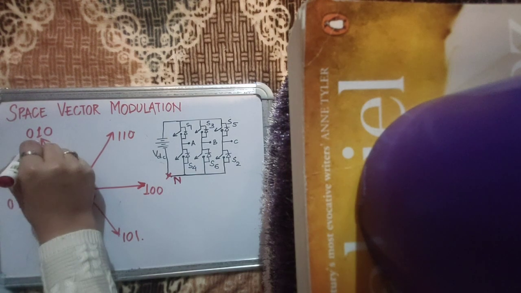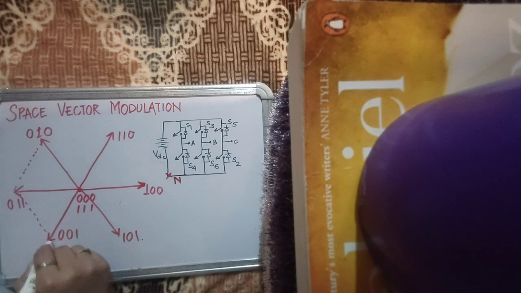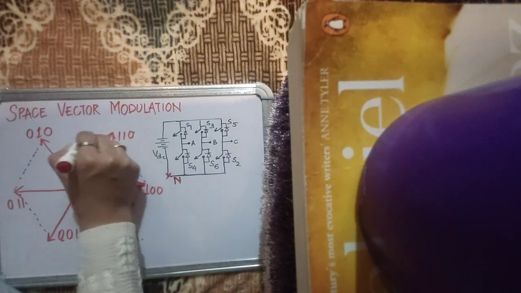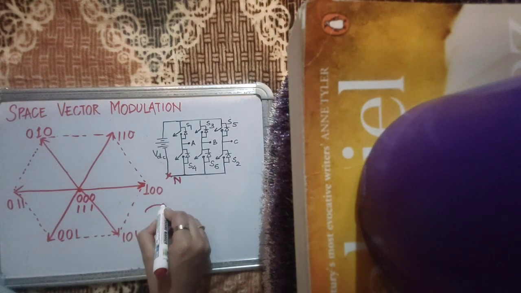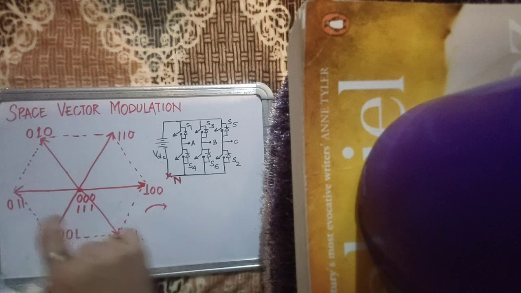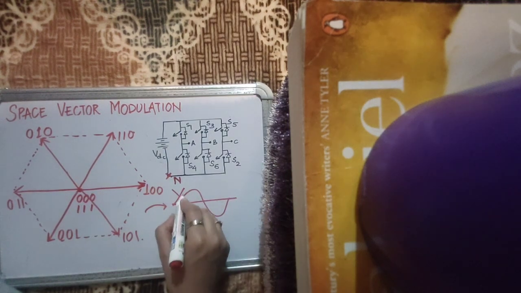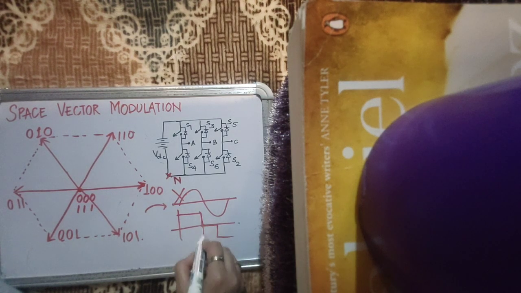If you join this, this is not a circle but a hexagon, which means that when you transfer this into the 3-phase domain, this hexagon is not going to translate into a sine wave, but into a quasi-square or square wave signal.